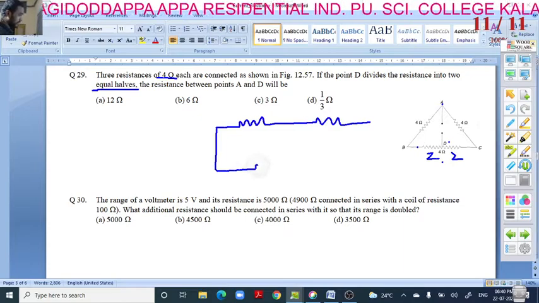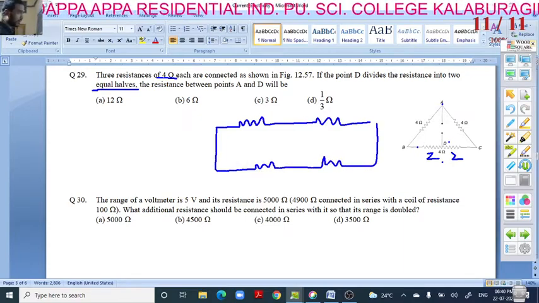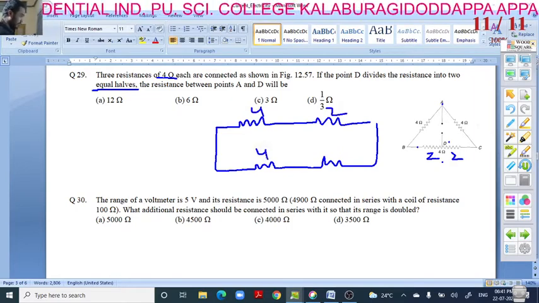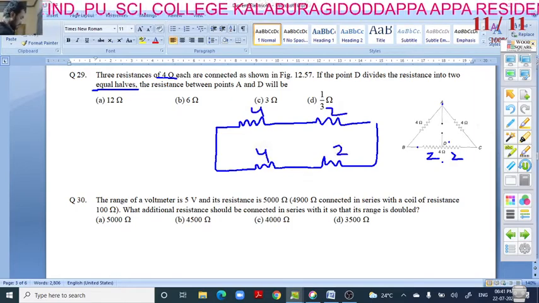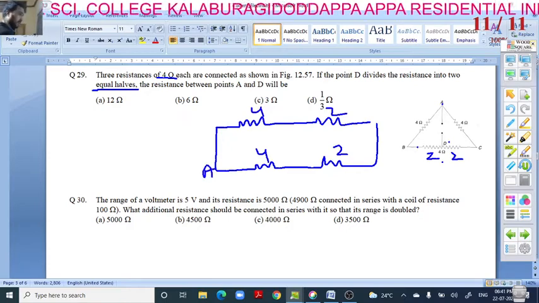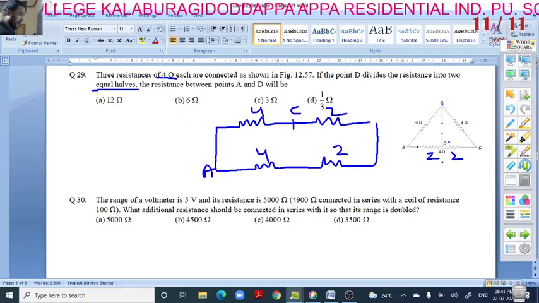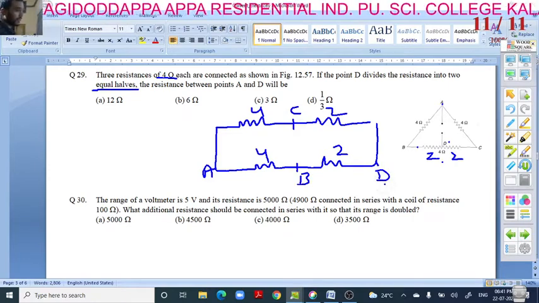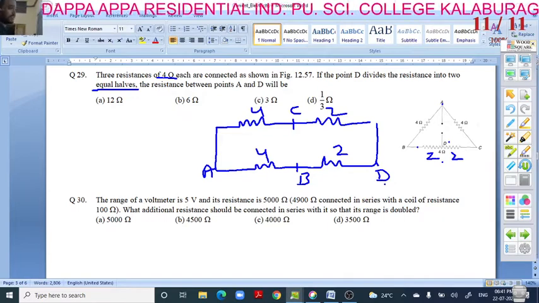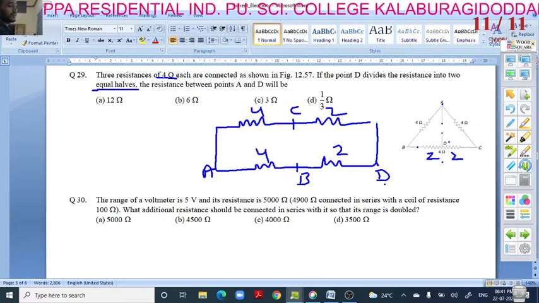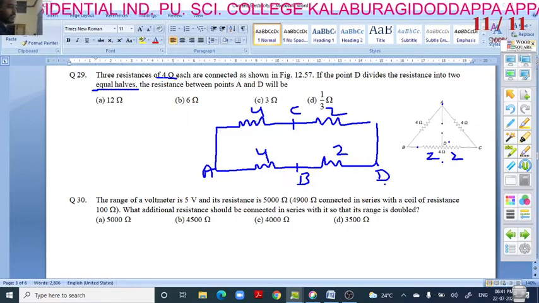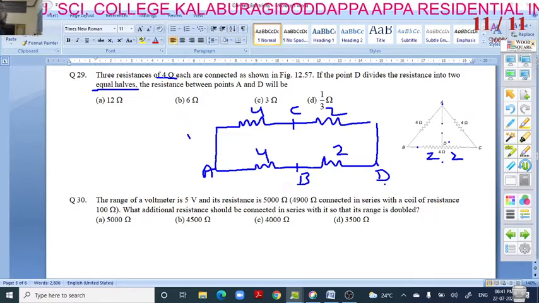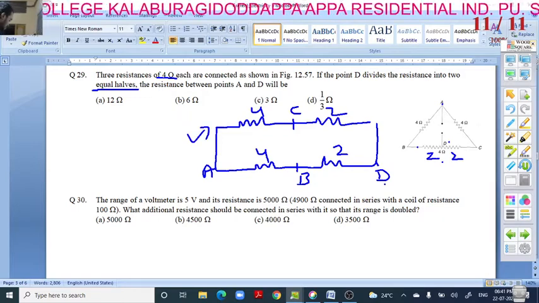After dividing, this is 4, this is 2, and here 4, again this is 2, and this point is A, this point is C, this point is B, and this point is D. We have just split this D point into two equal parts so that it becomes 2 plus 2. So this is our new simplified figure, right?